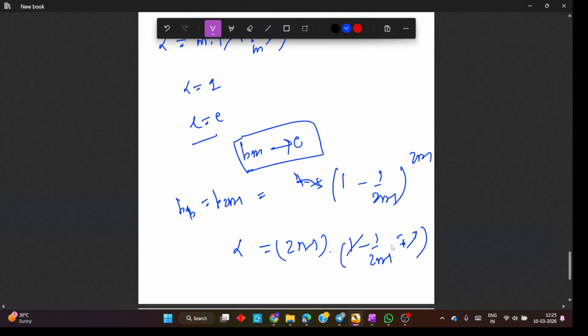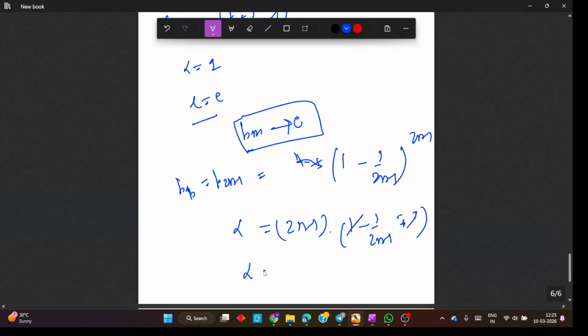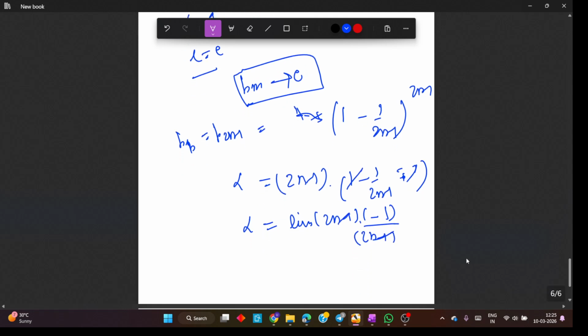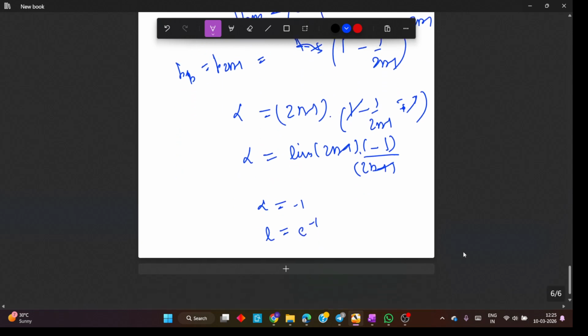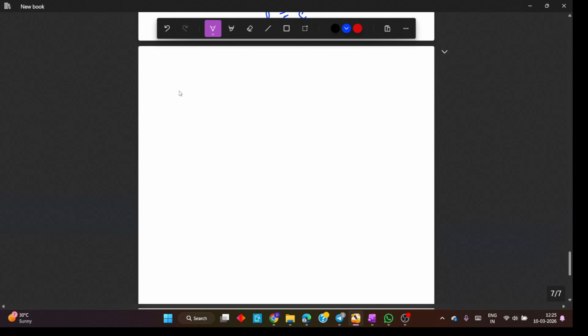So the 1 minus 1 cancels out, and alpha would be the limit of 2n minus 1 into minus 1 upon 2n minus 1. So alpha is equal to minus 1, so L equals e inverse, and we can see that b2n minus 1 converges to 1 by e.